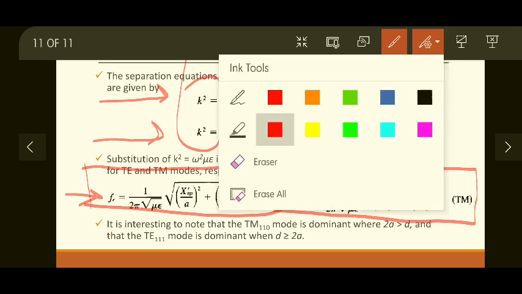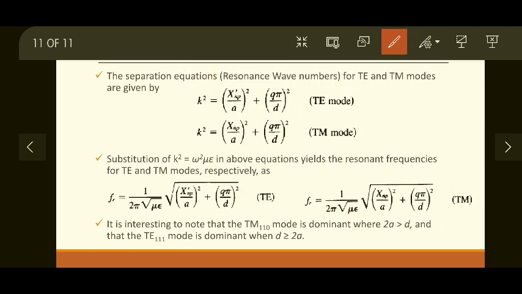It is interesting to note that TM110 mode is dominant where 2A is greater than D. So if your cavity has a larger A, so large that 2A is greater than D, then TM110 mode is the dominant mode.